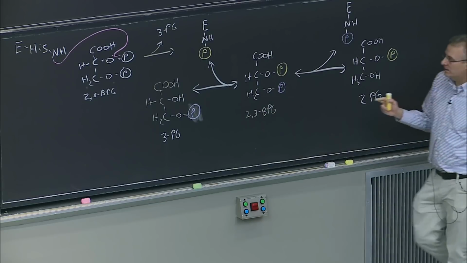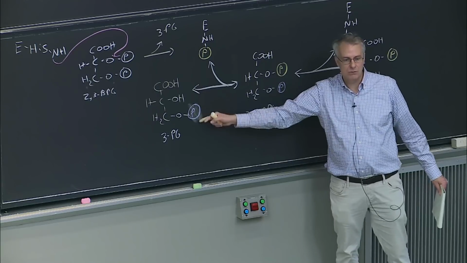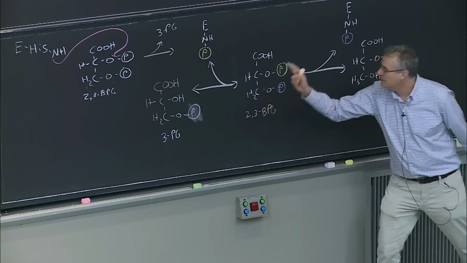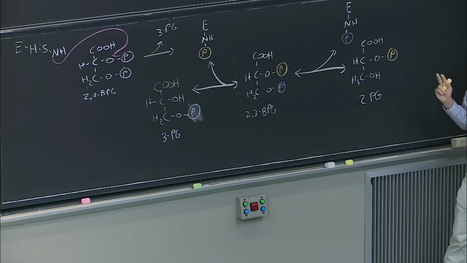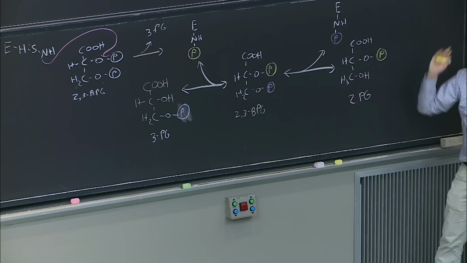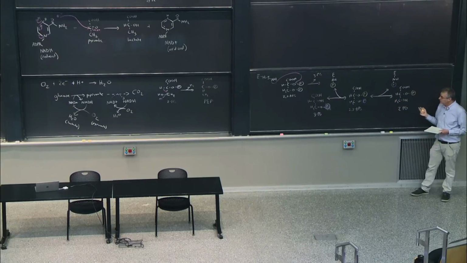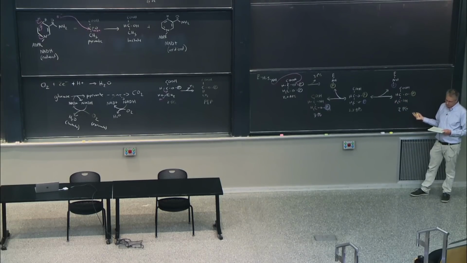So you'll see that the same phosphate is not actually being moved within the same molecule. It's being ping-ponged back and forth off of this phosphoenzyme intermediate. And basically, this is how cells catalyze various mutase reactions to move phosphates between hydroxyl groups.